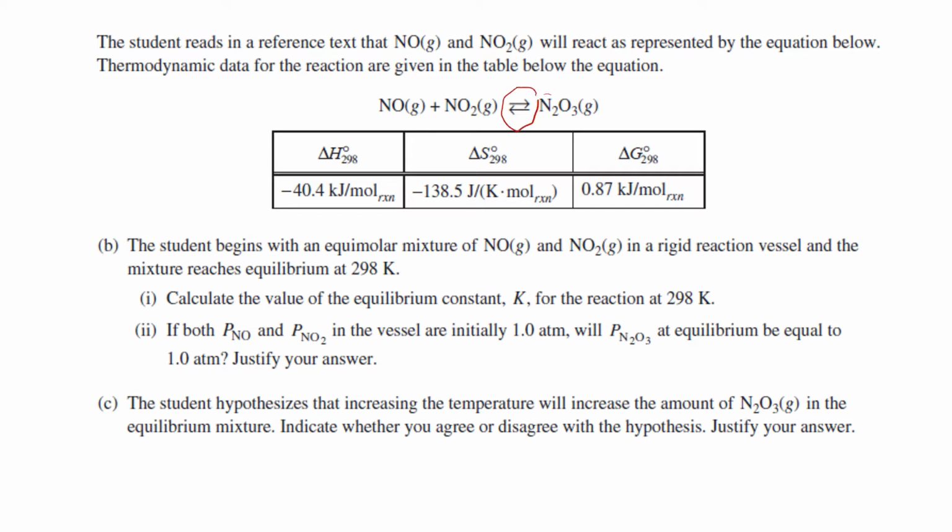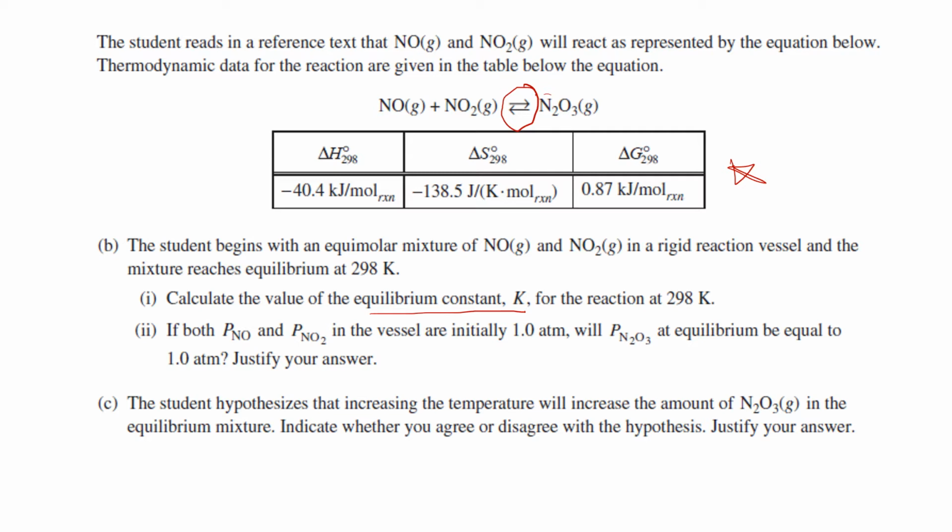It is an equilibrium reaction. Part B, they begin with an equal molar, and it's a 1 to 1 to 1. Equal molar of your reactants. It reaches an equilibrium temperature at 298. They want you to find the equilibrium constant for the reaction. So we're going to use this information to solve that first part.